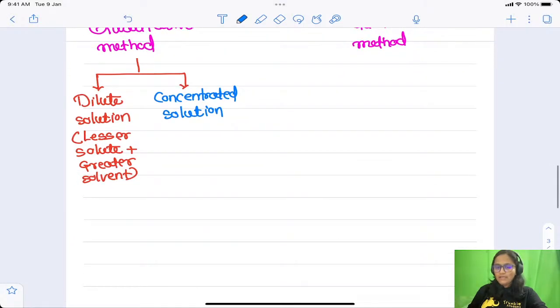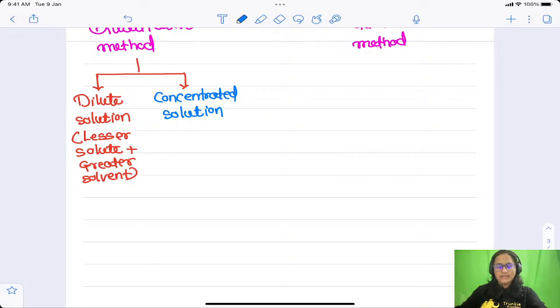Do you remember in your science laboratory, or specifically in the chemistry laboratory, you might have seen bottles of chemicals with labels like dilute HCl, dilute H2SO4, dilute NaOH, or concentrated HCl, concentrated H2SO4.